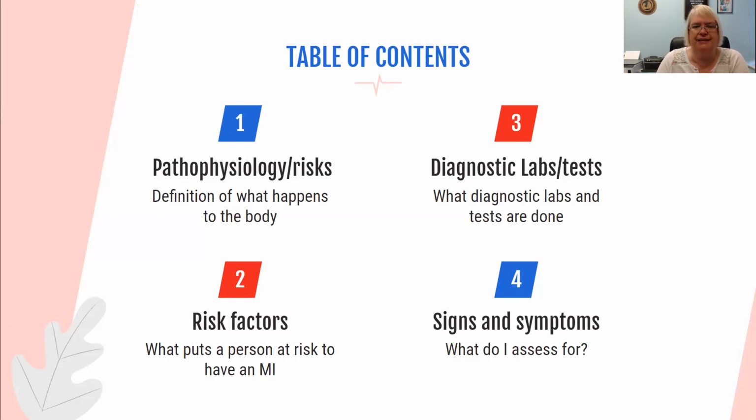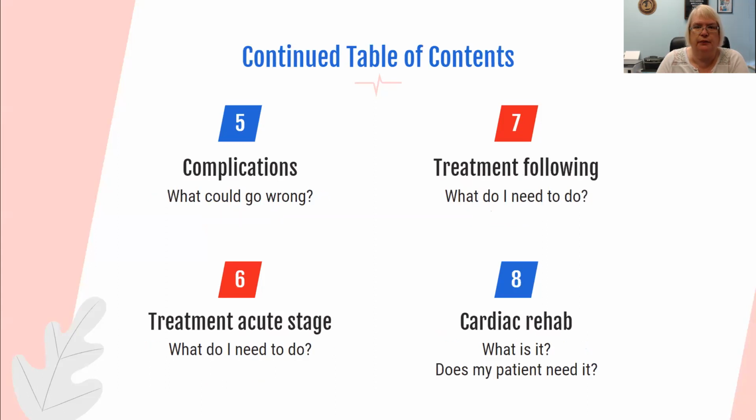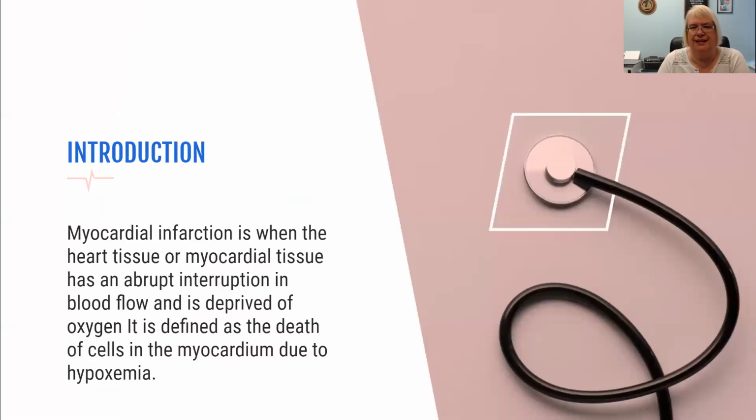And then signs and symptoms, what do we assess for? Next, we're going to talk about complications and treatment of the acute stage, and then treatment following the acute, and then cardiac rehab. That's a lot, just saying.